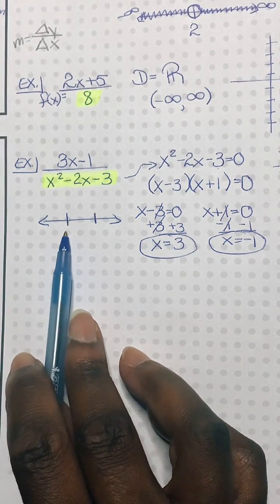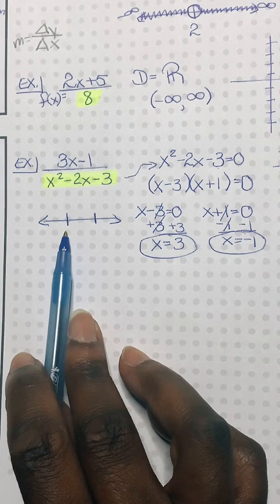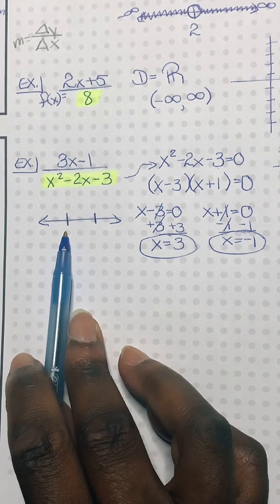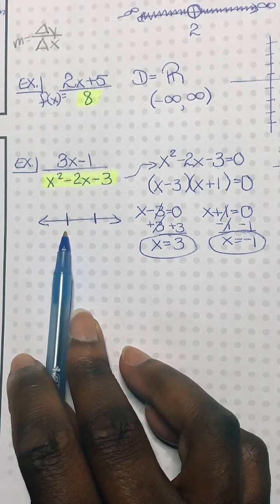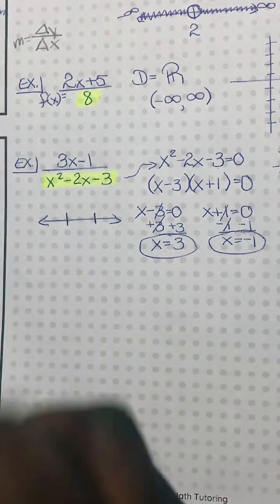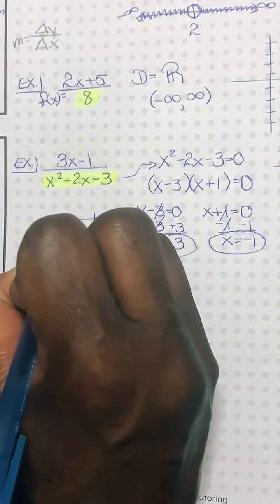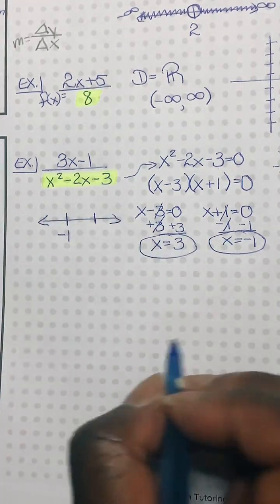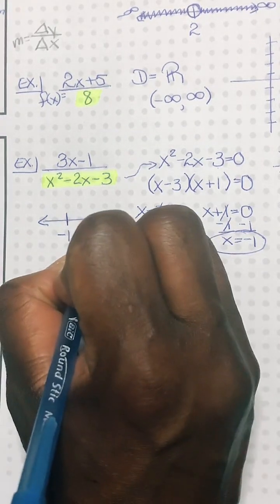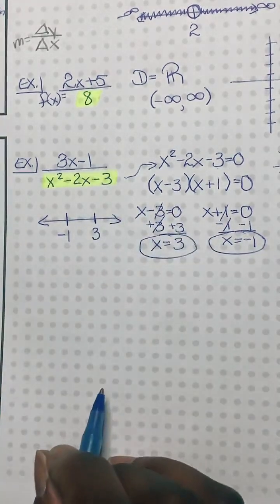What should go here? Okay, so we got -1. Yes, just think of the number line. Good. -1. Thank you. All right, so -1's there and 3's there.